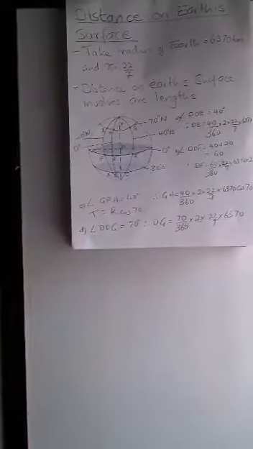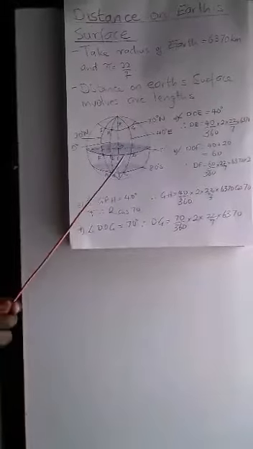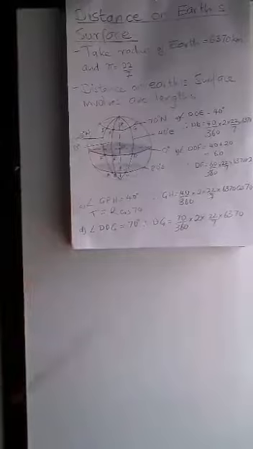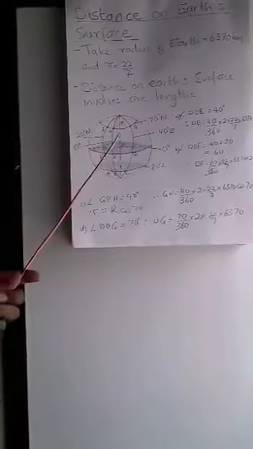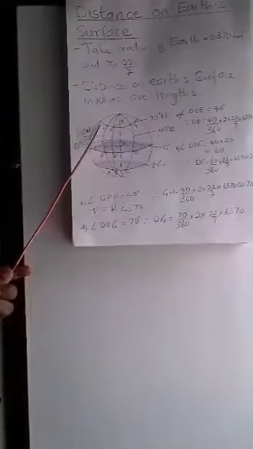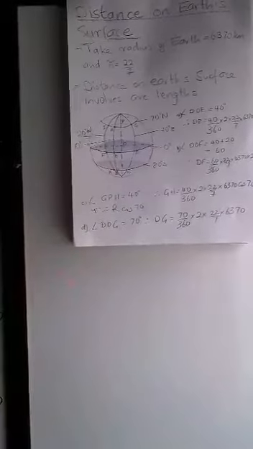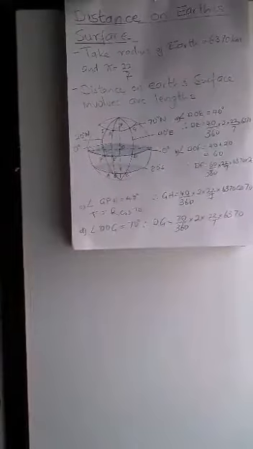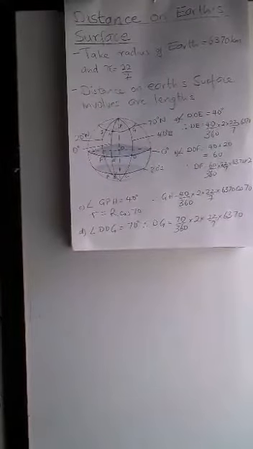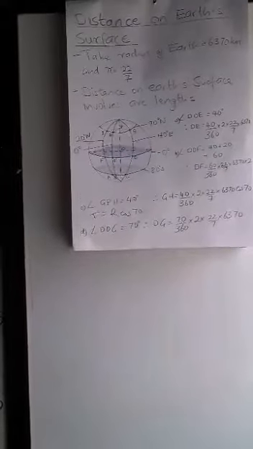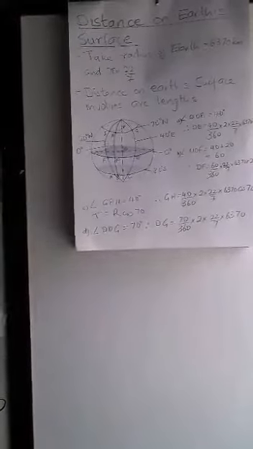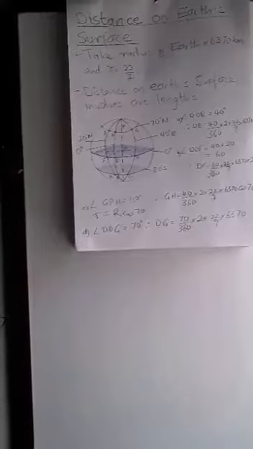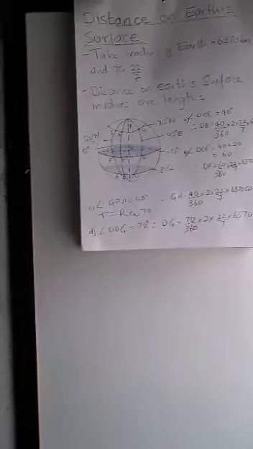All right, now going back to the same, let's now look at points G, H, and I. Points G, H, and I lie on a small circle, on the latitude 70 degrees north. And therefore, they are small circles. Because it is a small circle, then the radius will not be 6370, but we'll have to calculate the radius.